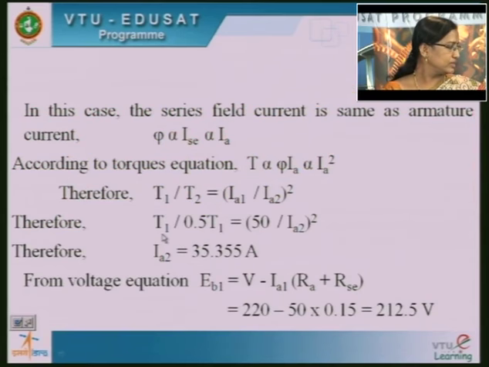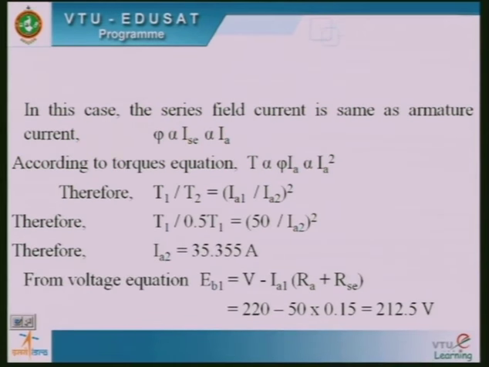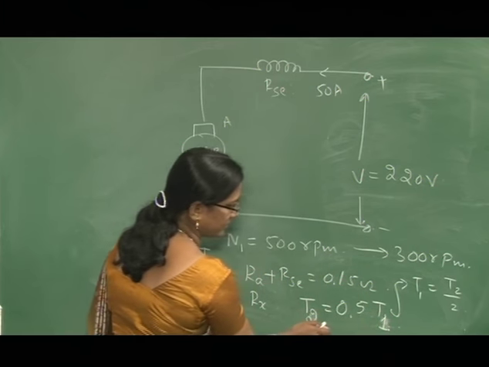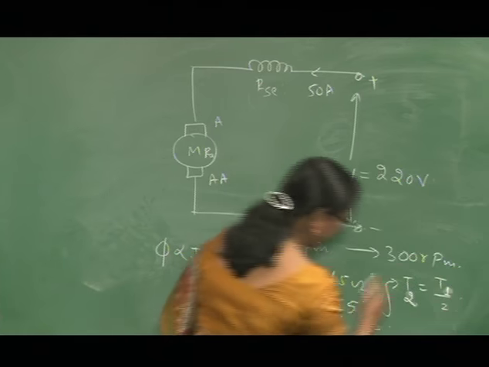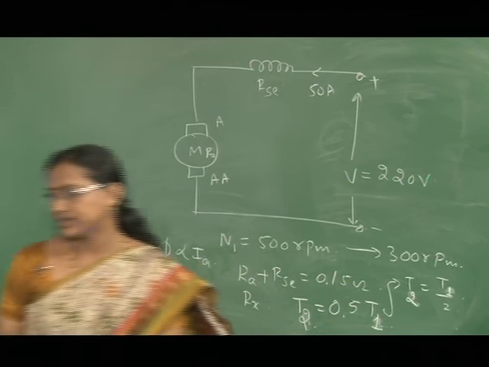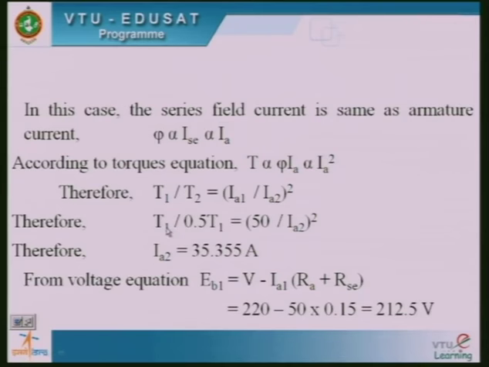So, T2 is the torque in the second case, T2 is equal to T1 divided by 2, means T2 is equal to 0.5 times T1. The torque at the second case is equal to 0.5 times the torque at the first case.